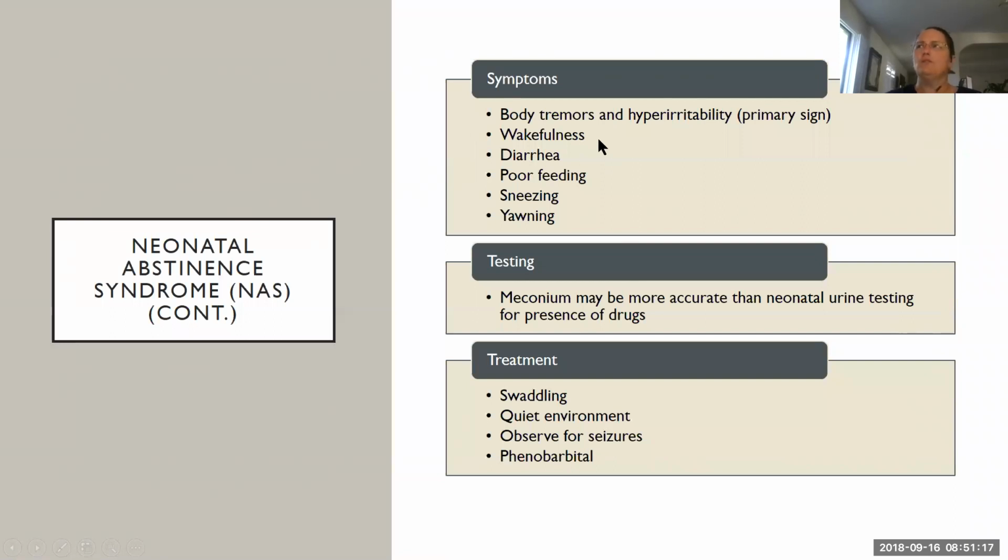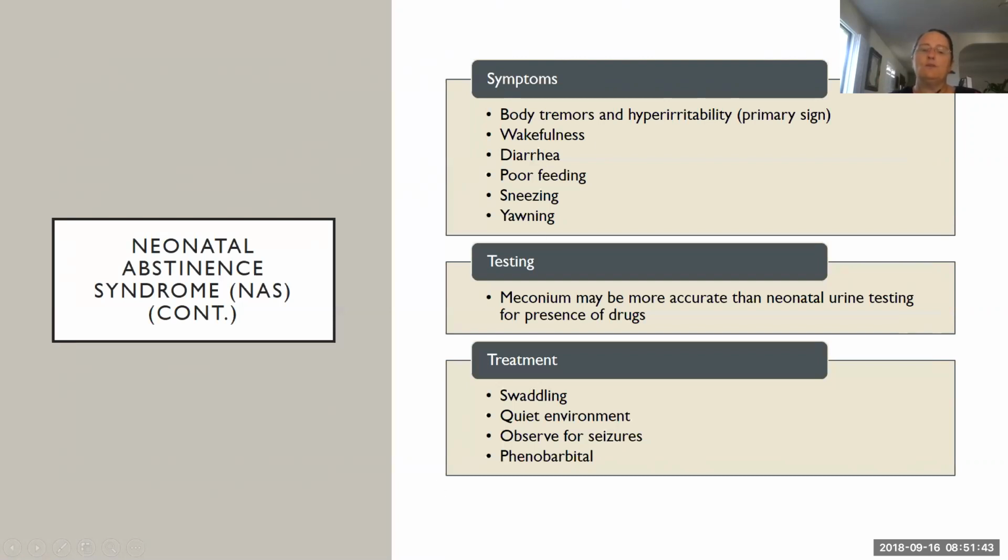These babies don't respond to the same kinds of comfort techniques that we would use with a baby that has not been exposed. Wakefulness, severe diarrhea, excoriating diarrhea that actually burns the skin on their bottoms. They're poor feeders. They do a lot of sneezing, a lot of yawning, and meconium can actually be tested for, it's more accurate than doing urine testing.